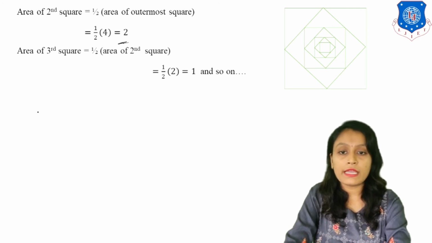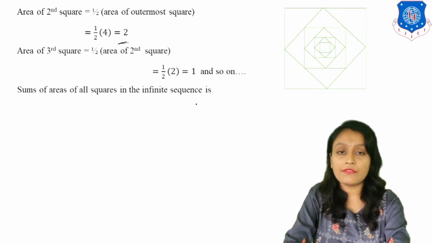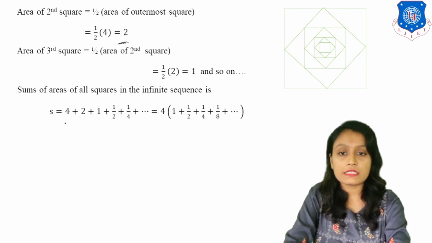Okay, so you will get the sum of areas of all squares in the infinite sequence as S is equal to the area of the first square, that is 4 plus 2 plus 1 plus 1 by 2 plus 1 by 4 and so on. Now take 4 common from this. So you will get 1 plus 1 by 2 plus 1 by 4 plus 1 by 8 and so on. Right.